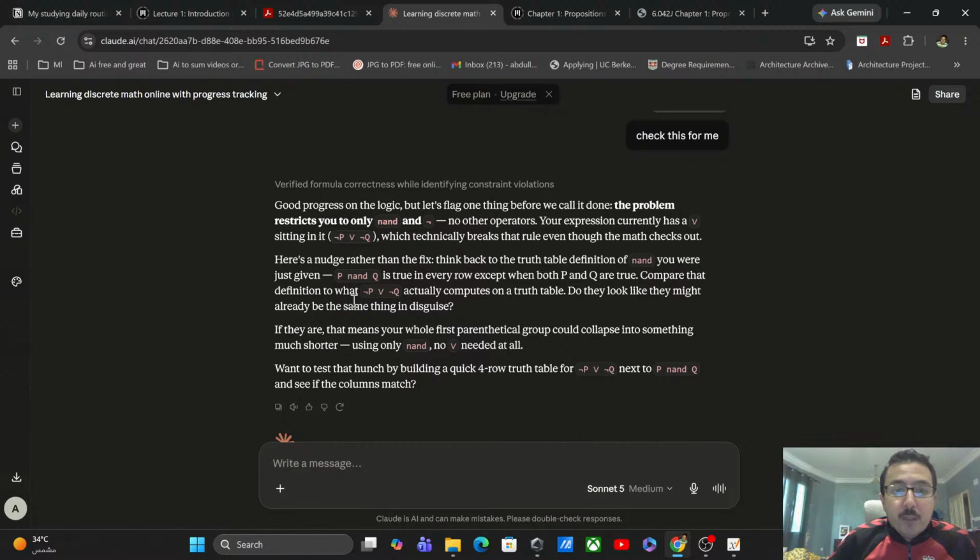Compare that definition to what this actually computes on a truth table. Do they look like they might already be the same thing in disguise? They are. That means your whole vertical group could collapse into something much shorter.